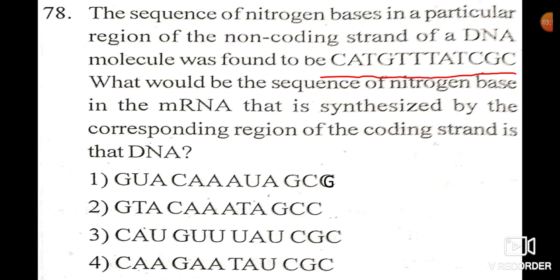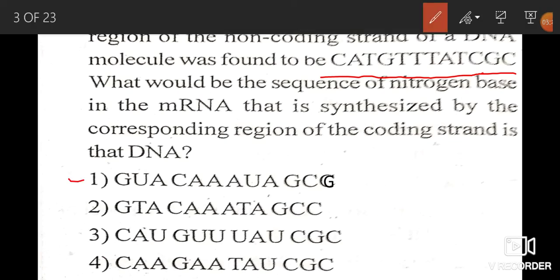So the right option is one, GUA, because it is RNA. So instead of thymine, it contains uracil.